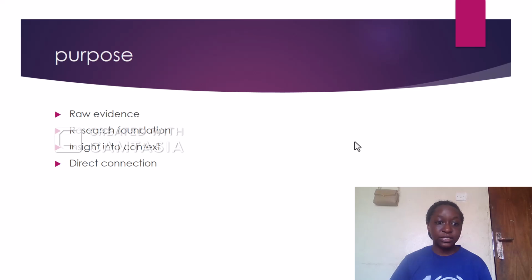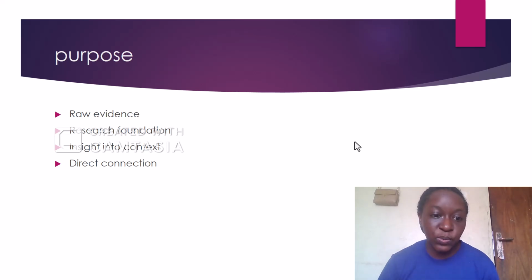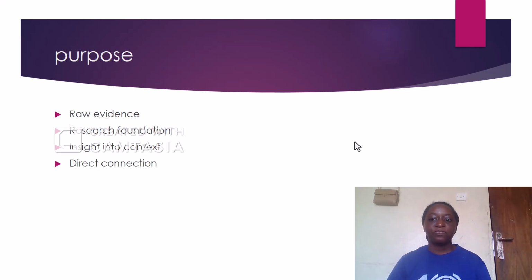The second is research foundation. Primary sources serve as the cornerstone of original research, where a scholar can gather direct information to analyze. The third one is insight into context. They allow researchers to understand events or figures or phenomena from the perspective of those who lived them.